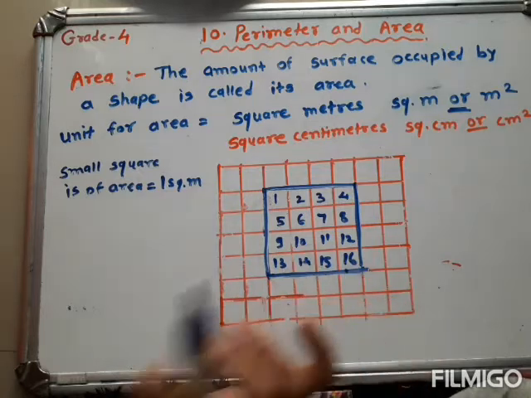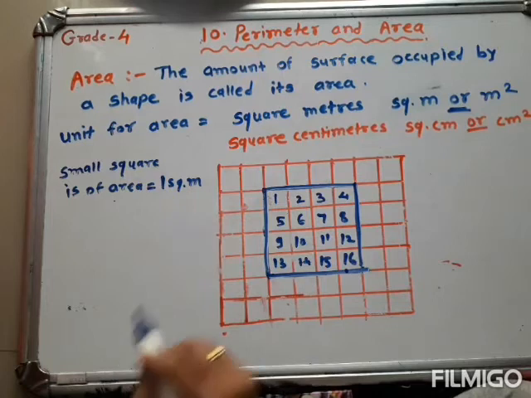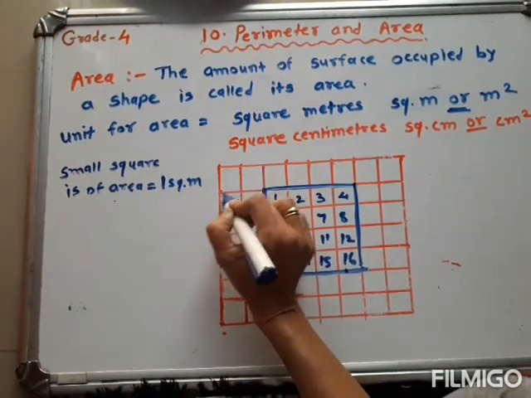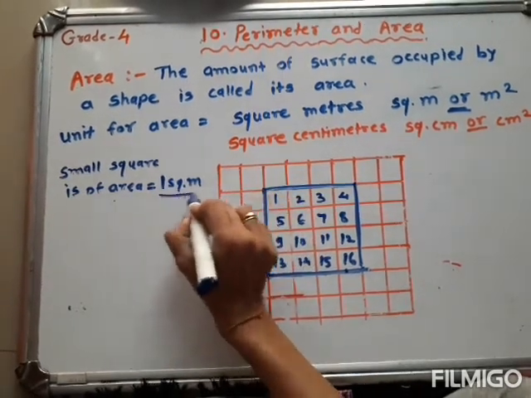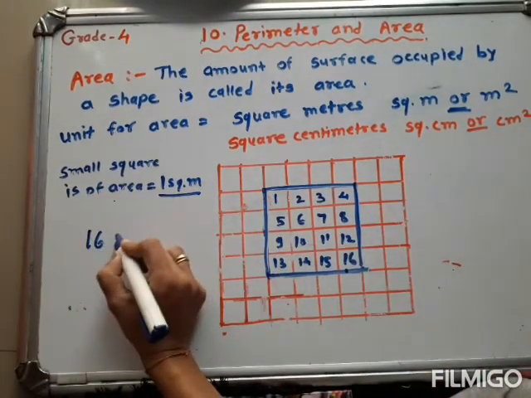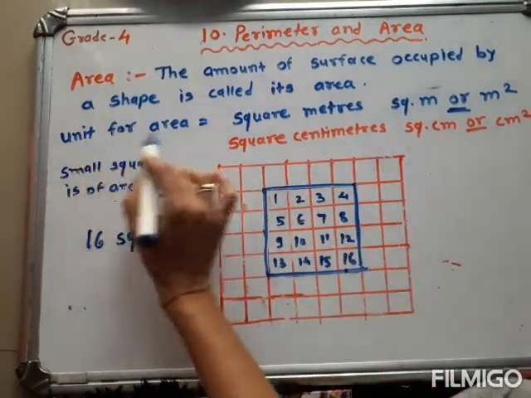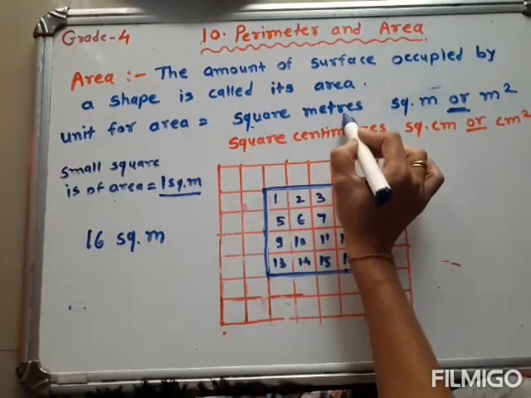Suppose a small square has an area of 1 square meter. Then the area is 16 square meters. What is the unit of area? Square meter.